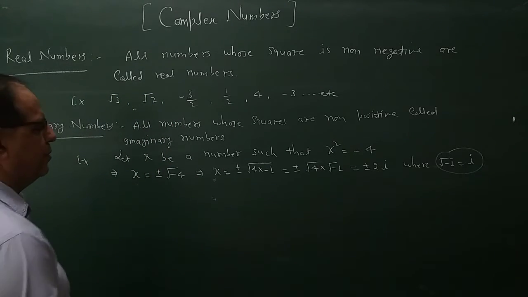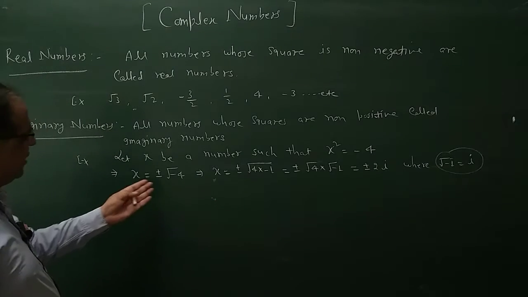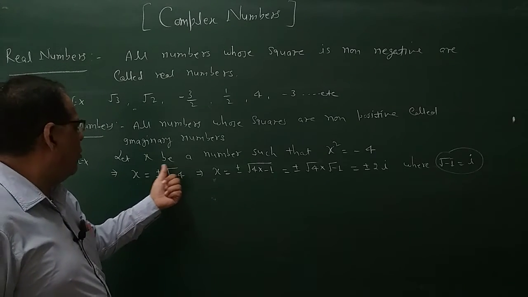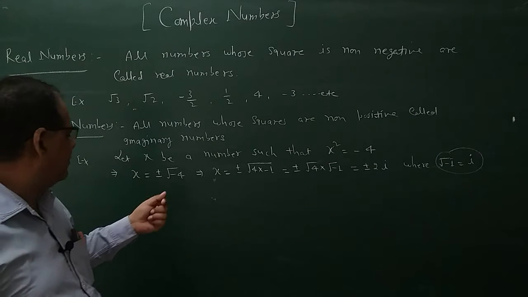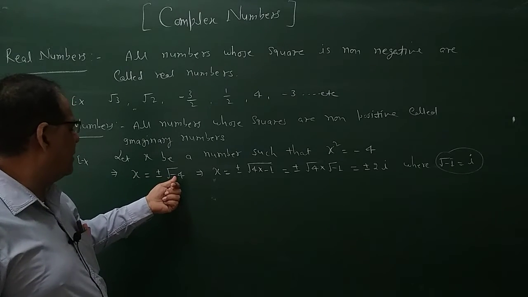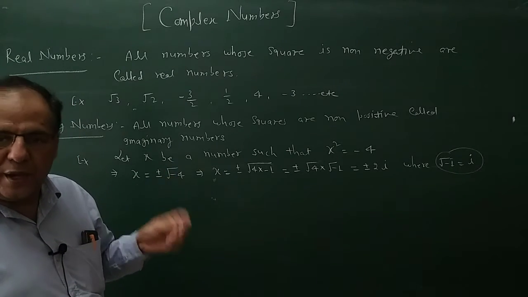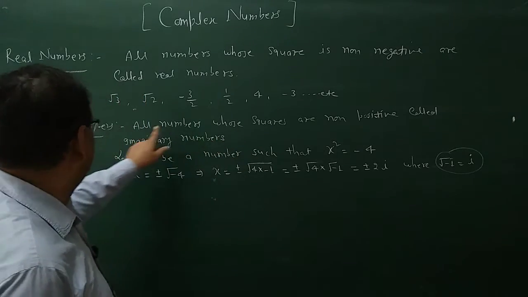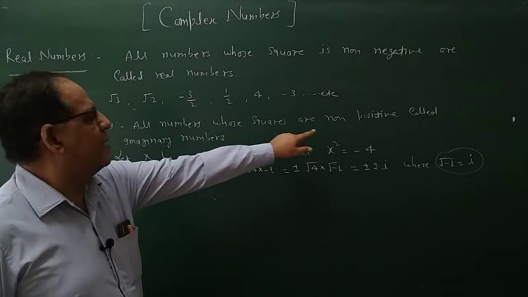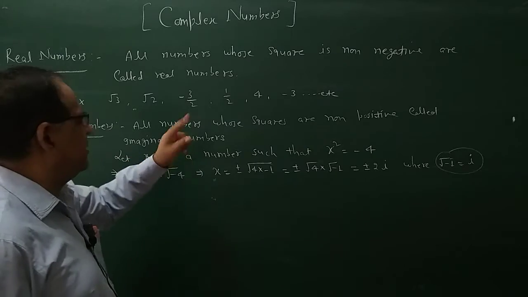In other words, we can also say that all the numbers in which the minus comes inside the square root are imaginary numbers. First definition: all numbers whose squares are non-positive are called imaginary numbers.